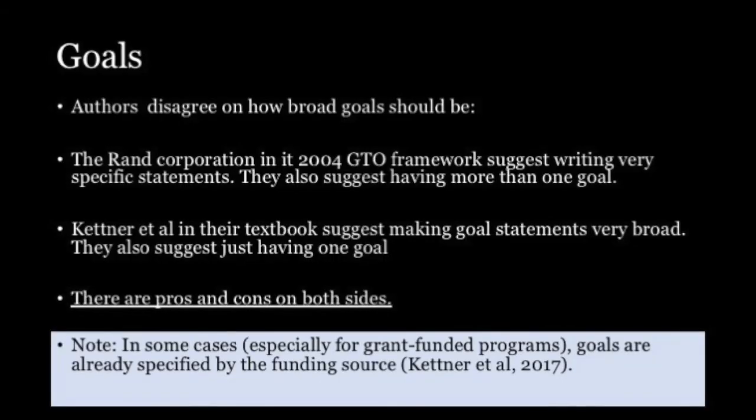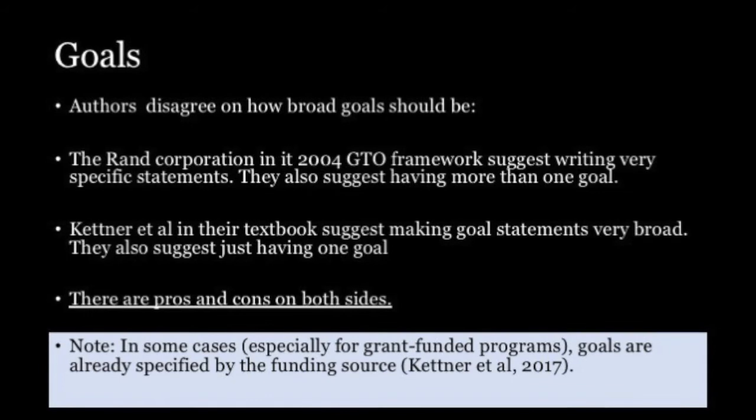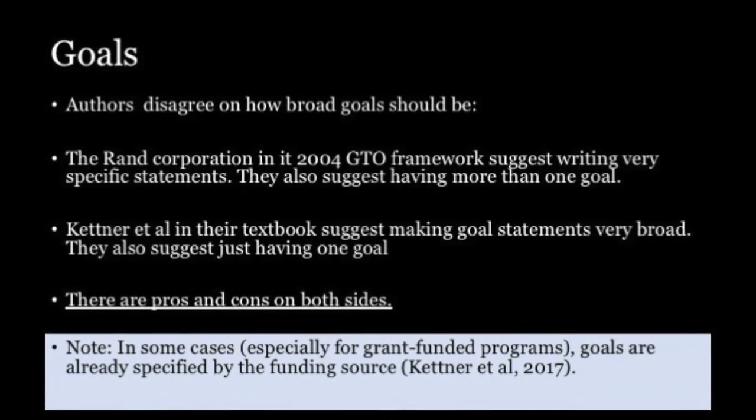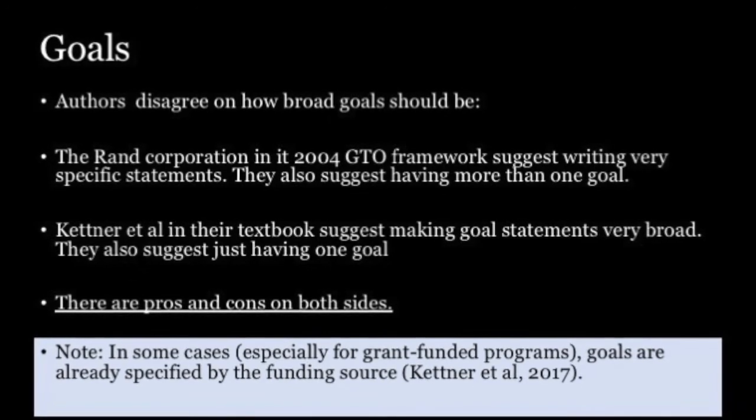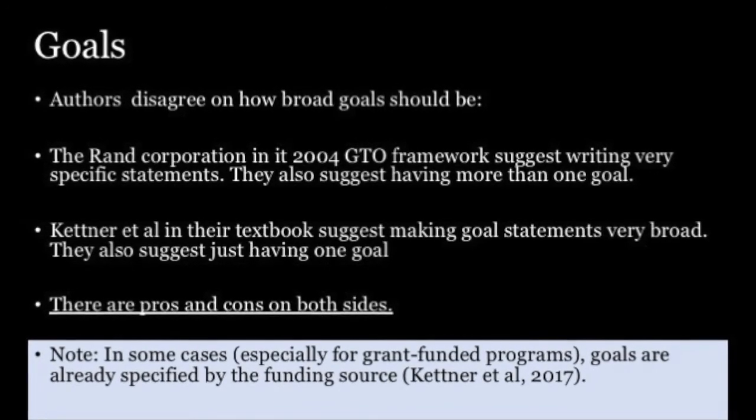It's the big north. Now, authors disagree on whether you have just one goal or you should have more than one goal. The RAND Corporation, in its Getting to Outcomes framework, suggests writing very specific statements and having more than one, right, in terms of goals.